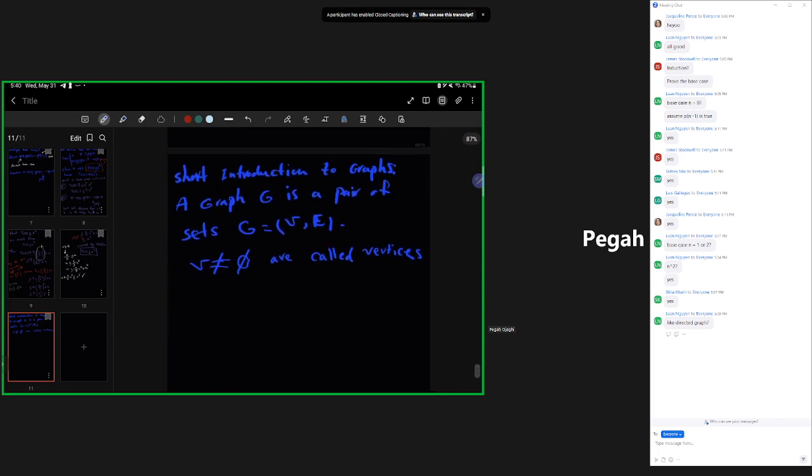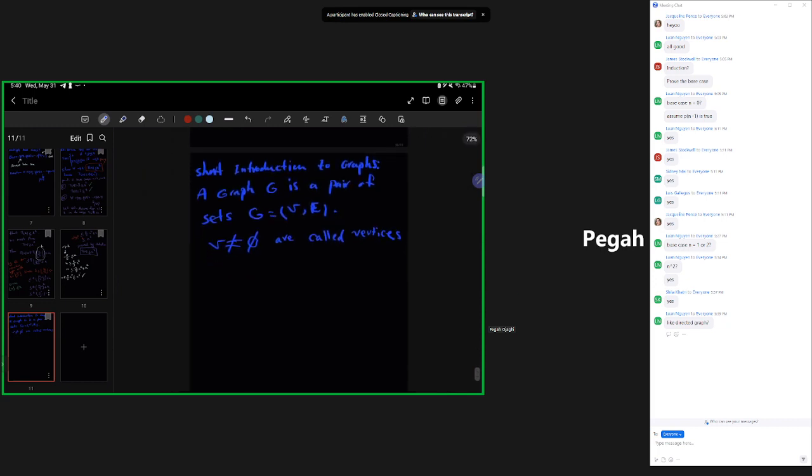The first one we call the vertices, and the elements of E are called edges.